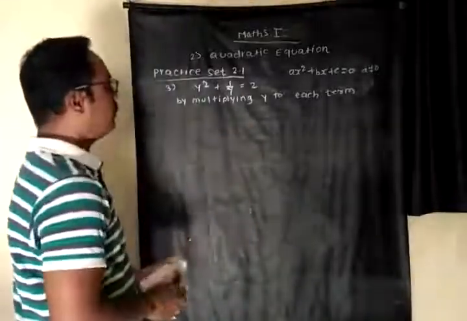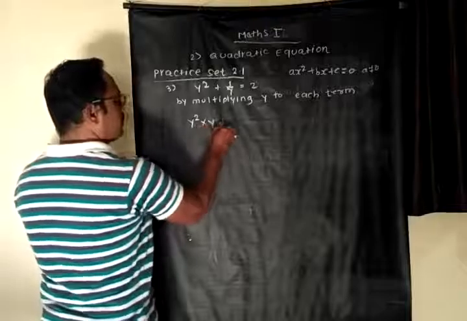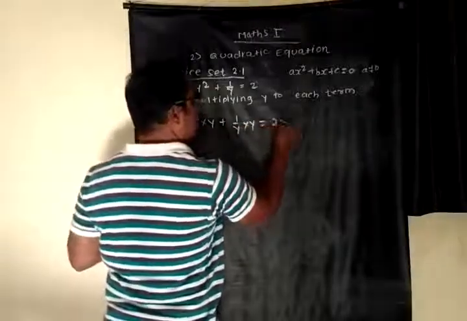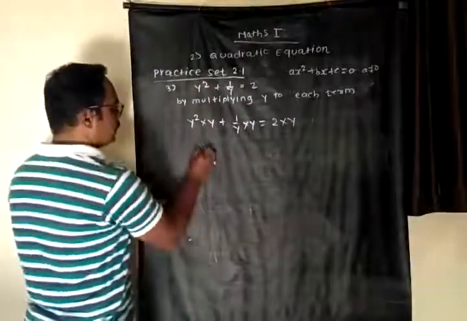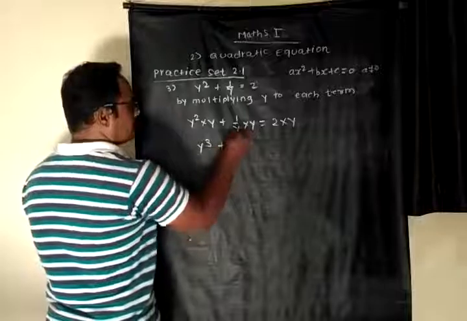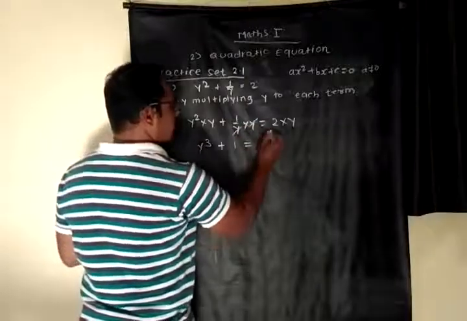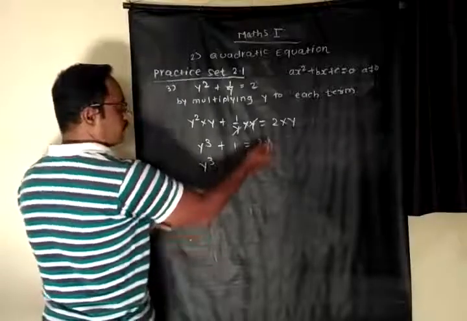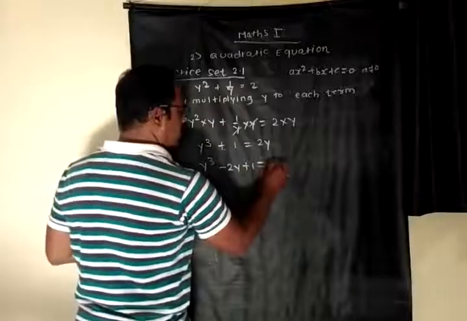By multiplying y to each term, that means y square into y plus 1 upon y into y is equal to 2 into y. Now here y square into y is y cube, plus y will get cancelled, 1 will be as it is, equal to 2y. So y cube minus 2y plus 1 is equal to 0.